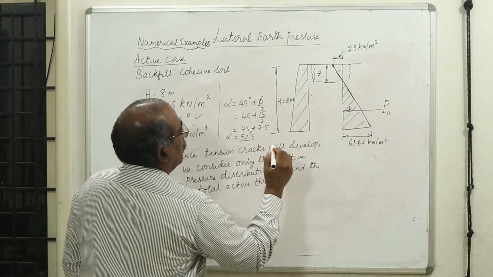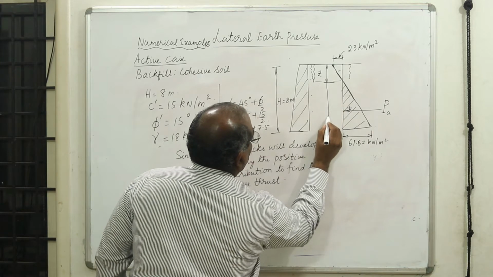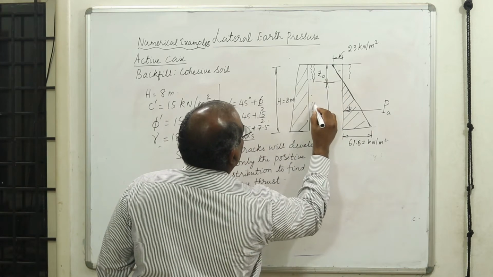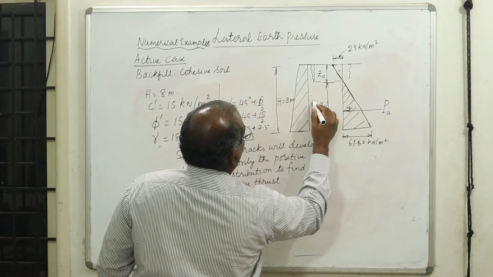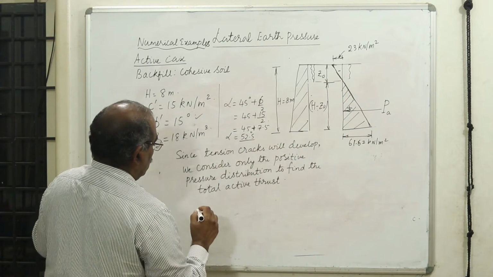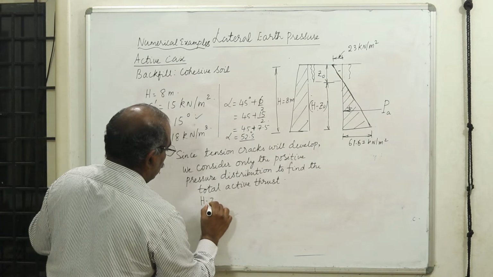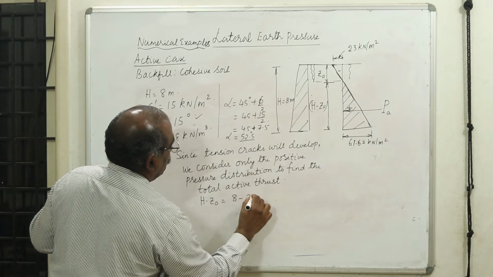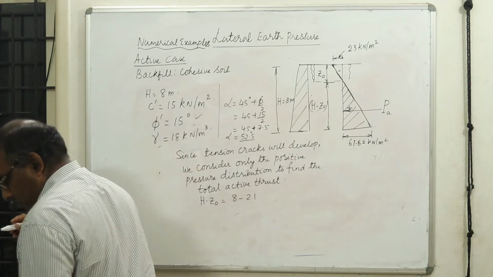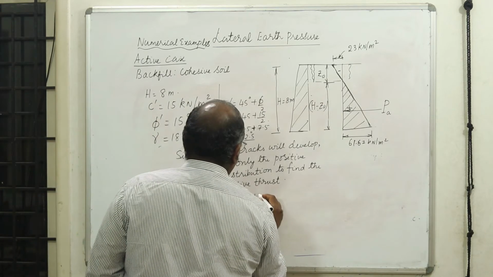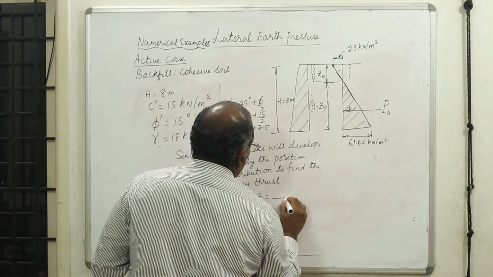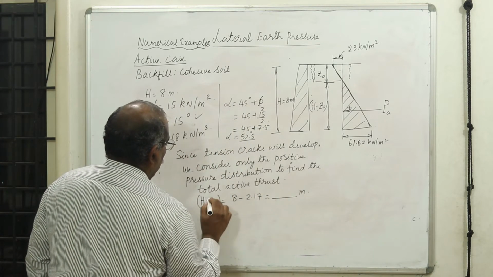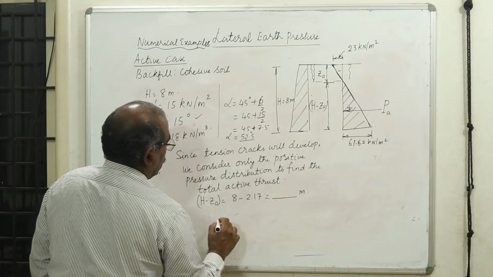Now we know this is H minus Z naught. Now what is H minus Z naught? This is 8 meters minus 2.1, I think it's 2.17. Find out that value. Once you have this H1 as H minus Z0, I can find out the area of the pressure distribution diagram.